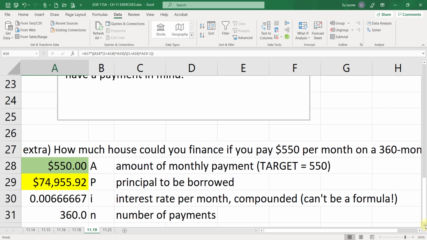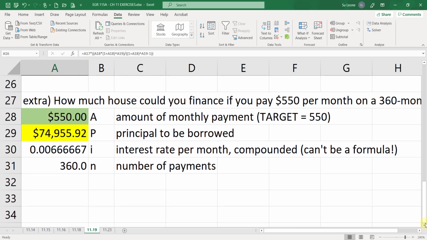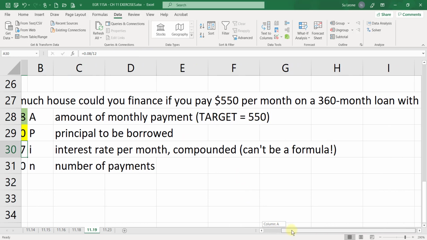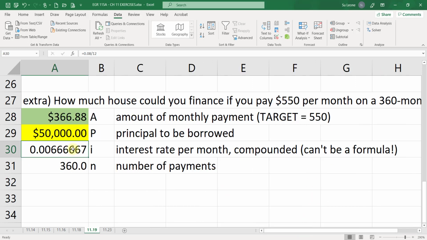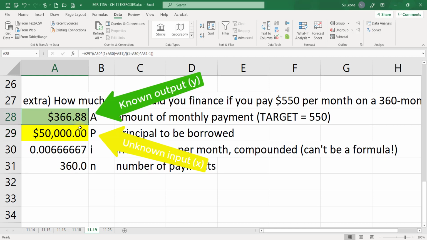Now here's an extra one. Let's say you're buying a house and you can pay 550 a month for a 30-year loan at this 8% a year interest, which is not a great interest rate. So maybe you have really lousy credit and you say, okay, how much house can I finance? Remember, this is what we're trying to find, and this is where the formula is.